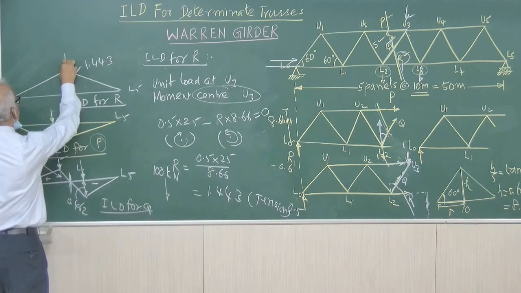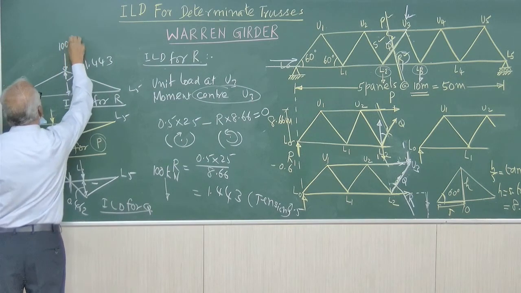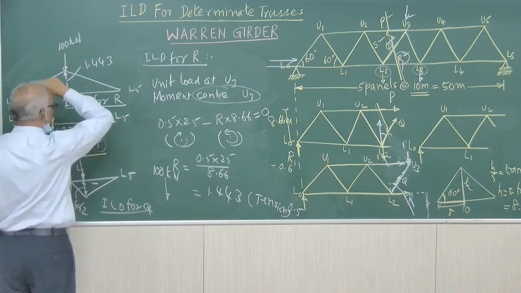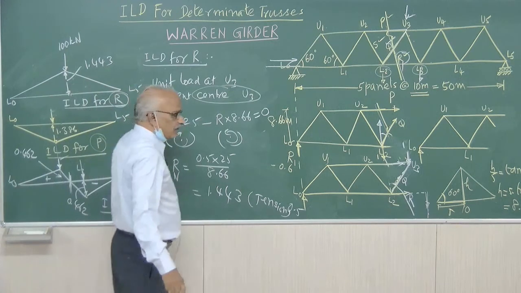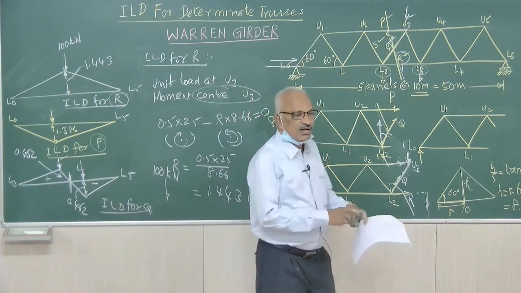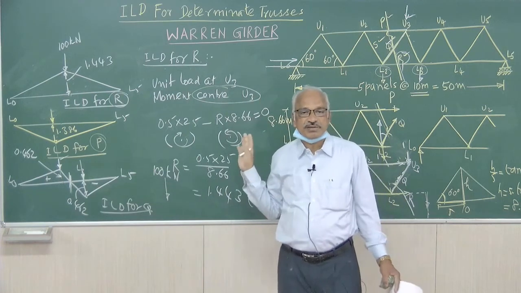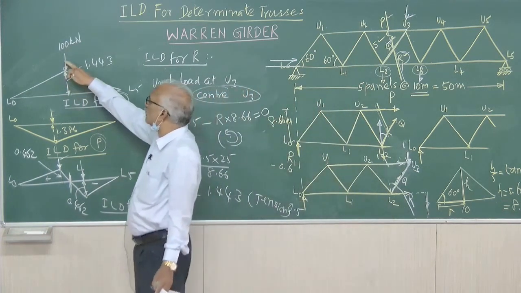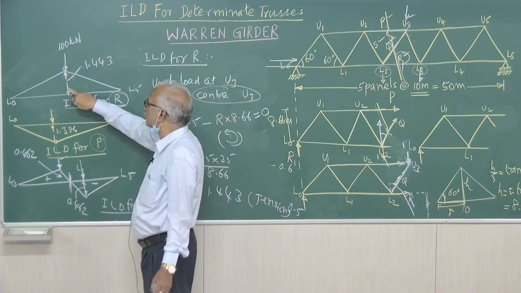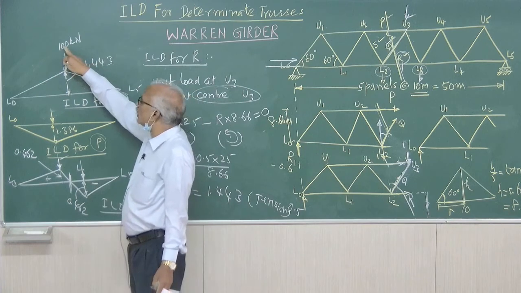So here the ordinate is maximum. Because it is a moving load, it can occupy any position from L0 to L5. But for getting maximum force in a particular member, when we want to find out the maximum force, we have to place the load where the ordinate is maximum. Because the force in the member R equal to the load into the ordinate.